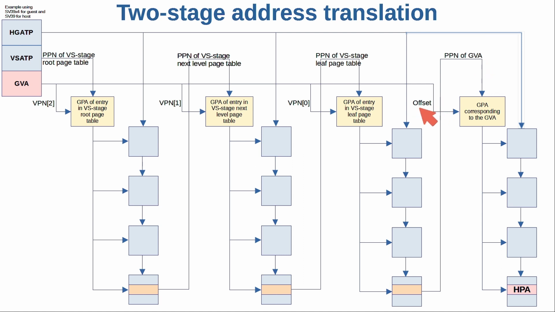Finally, combining with the offset as specified in the guest virtual address, we get the guest physical address corresponding to the guest virtual address. And using this GPA, again, we plug this GPA into the G-stage page table, and we will get the final host physical address. So this is how the guest virtual address is translated into the host physical address.